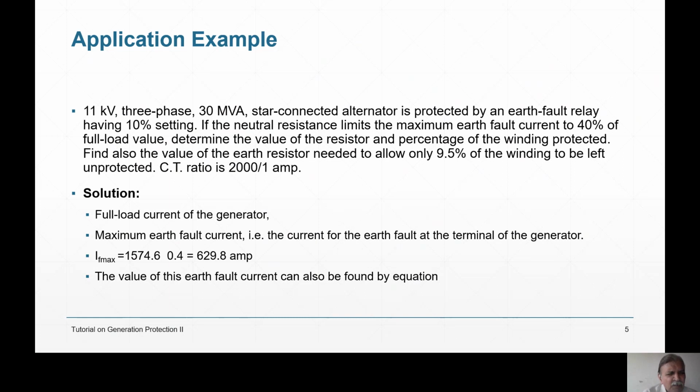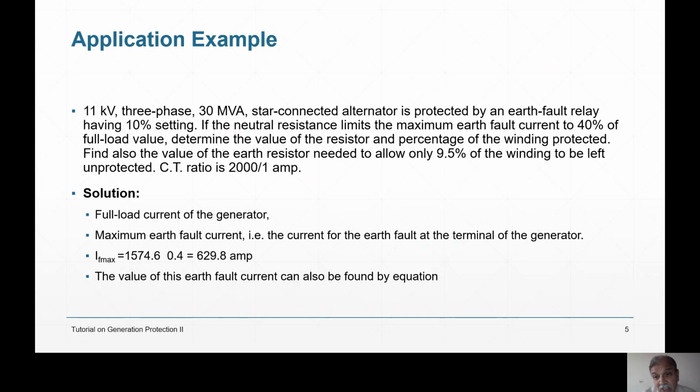40% of full load value probably will not damage the stator winding, particularly the stator core laminations, because we are more worried about stator core laminations. The insulation between the conductor in the slot and the stator, which is grounded, is failing.